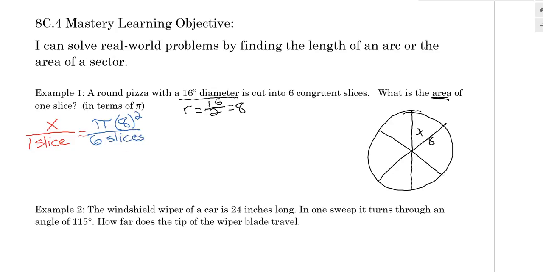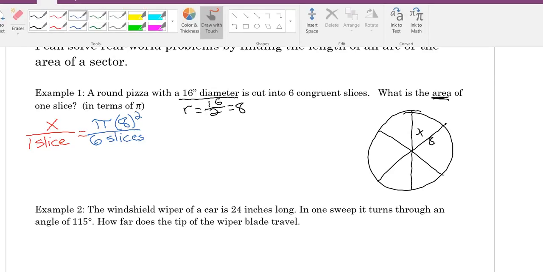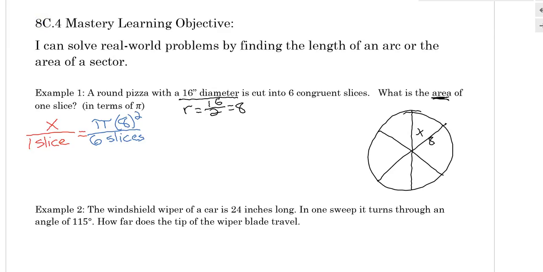The area of one slice is equal to the total area of all 6 slices. So again, now I'm just cross multiplying. I have 6 times x equals 1 times pi times 8 squared.